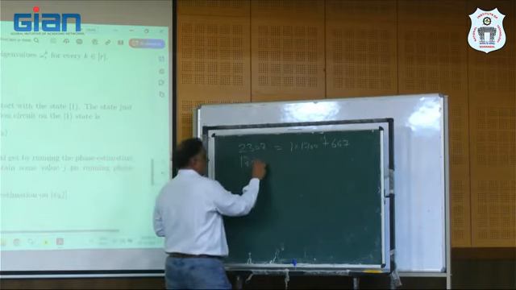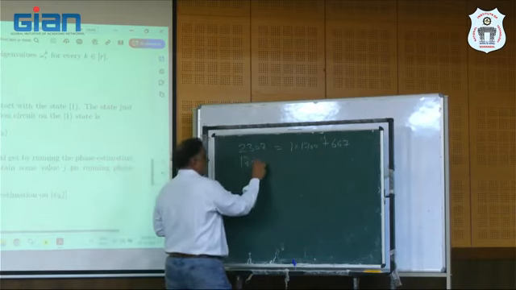Then 301 equal to 4 into 65 plus 41. Then 65 equal to 1 into 41 plus 24. 41 equal to 1 into 24 plus 17.